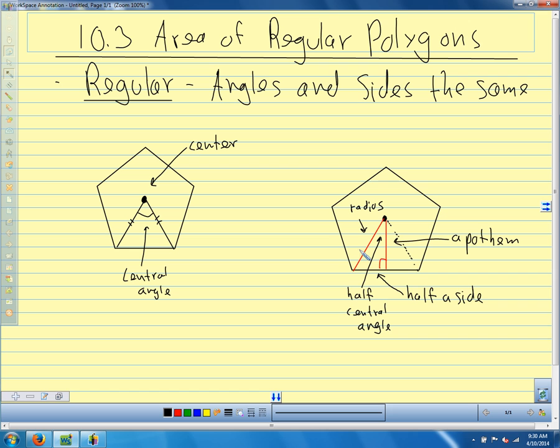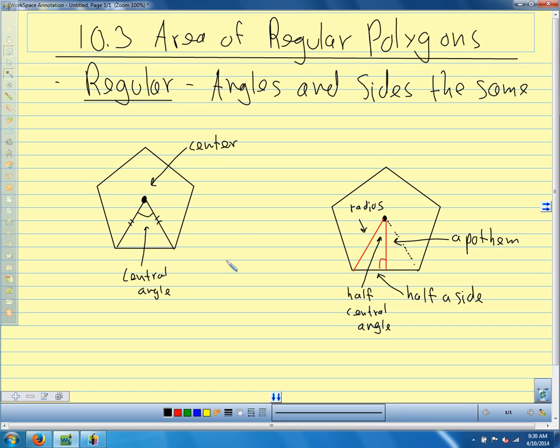All right, who remembers how to find the measure of the central angle of a regular polygon? If I start here and I go all the way around, how many degrees have I gone? 360. How many sides do I have? 5. 360 divided by 5.